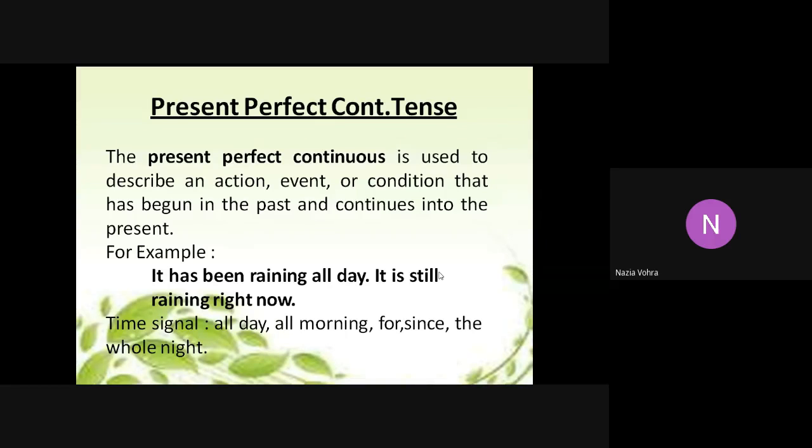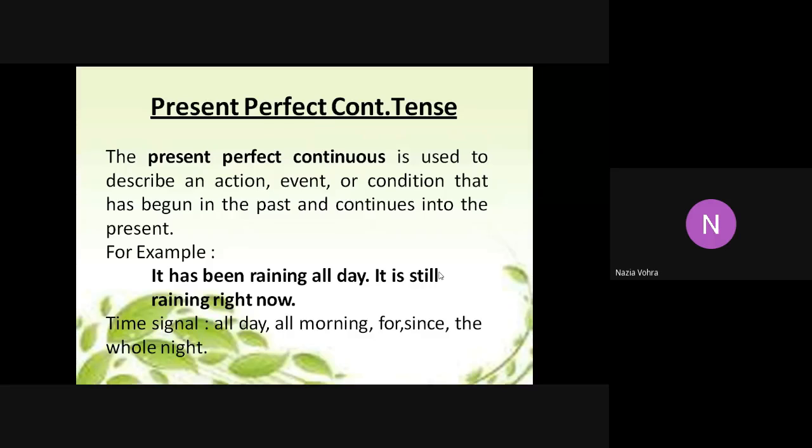Clear? Guys, so far any doubt? Tenses are very difficult to understand, I know, but if I explain it just one way, it won't get into your mind 100%. It will come with practice. So don't worry.